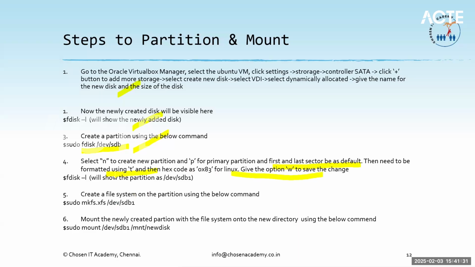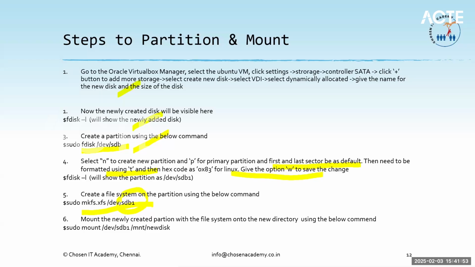After that, the fourth step is to create the file system. The command to create the file system is mkfs.xfs /dev/sdb1. Previously it was sdb, but now we have successfully created the partition, and the partition names will go by 1, 2, 3, 4, and so on.